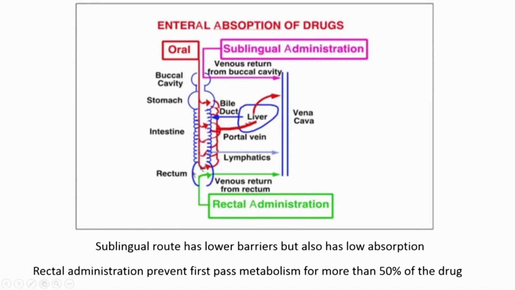And then we will talk about first pass metabolism, but essentially all the drug that goes to the liver, because the liver is a detoxifying agent, gets metabolized quite a lot. If you give it either by rectal or by sublingual, you avoid the passage of the drug through the liver, which is always good if you do not want the drugs to get degraded. We will talk about this first pass metabolism in upcoming slides.